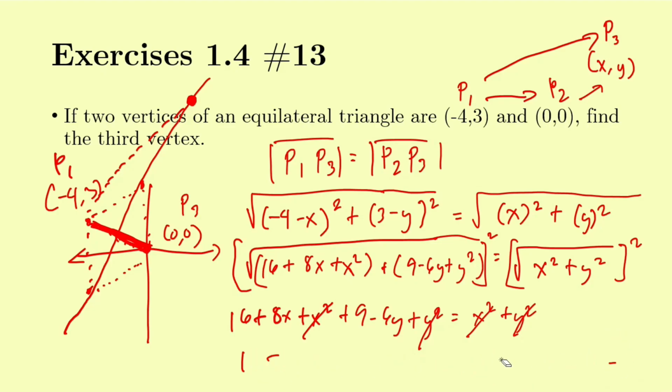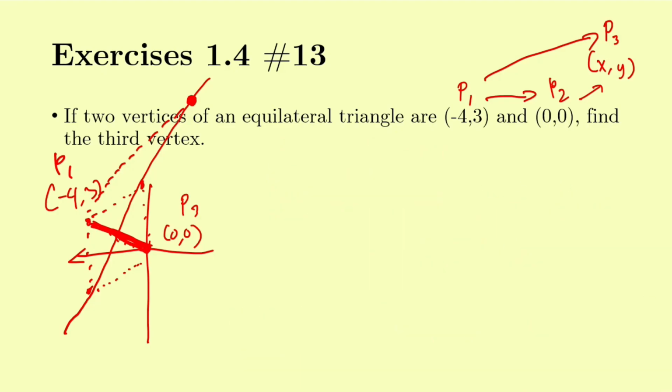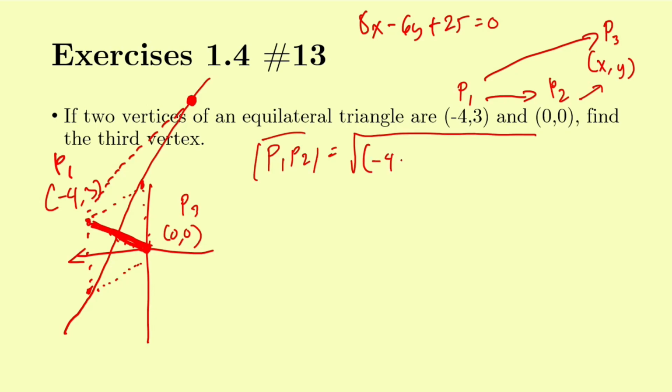So let's solve again. The equation of the line again is 8x minus 6y plus 25 is equal to 0. Okay, let's find the distance of P1 and P2. Distance formula: (negative 4 minus 0) squared plus (3 minus 0) squared.